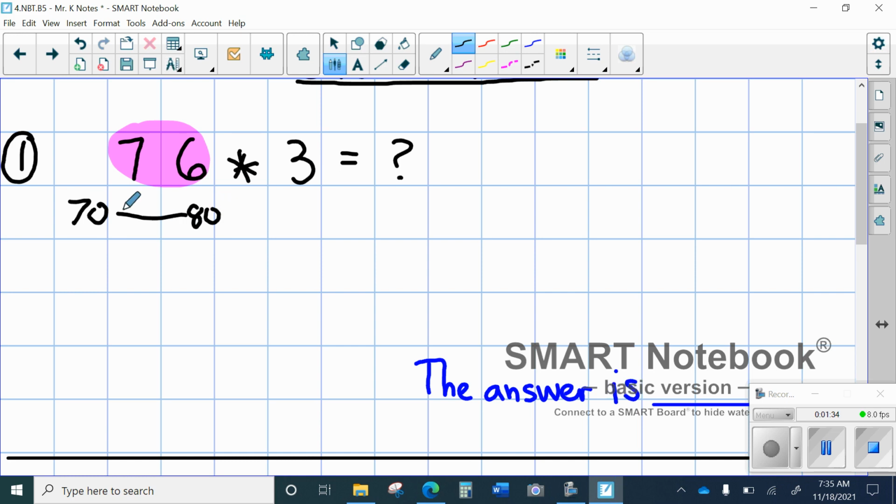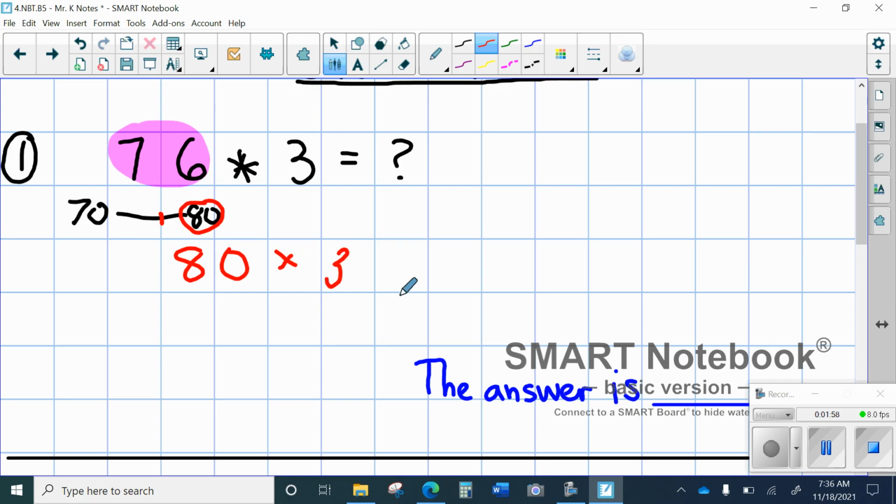If I was looking at a number line and I had to figure out where 76 fell, I would say it's probably right about here, between 70 and 80. So 76 is closer to 80. If 76 rounds to 80, then I would rewrite the problem and say 80 times 3.